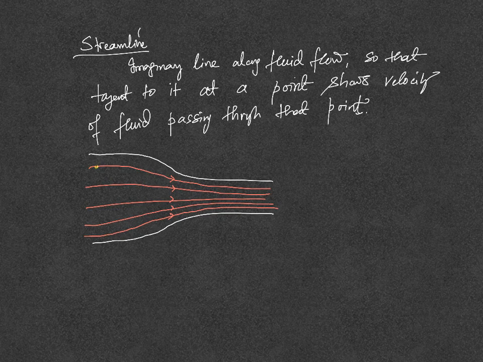So at point, say I mark point A, point B, or say point C. These are on the same streamline, right? So at point A, the velocity vector is along VA. We cannot find out the magnitude, but we can predict the direction of the fluid particle.